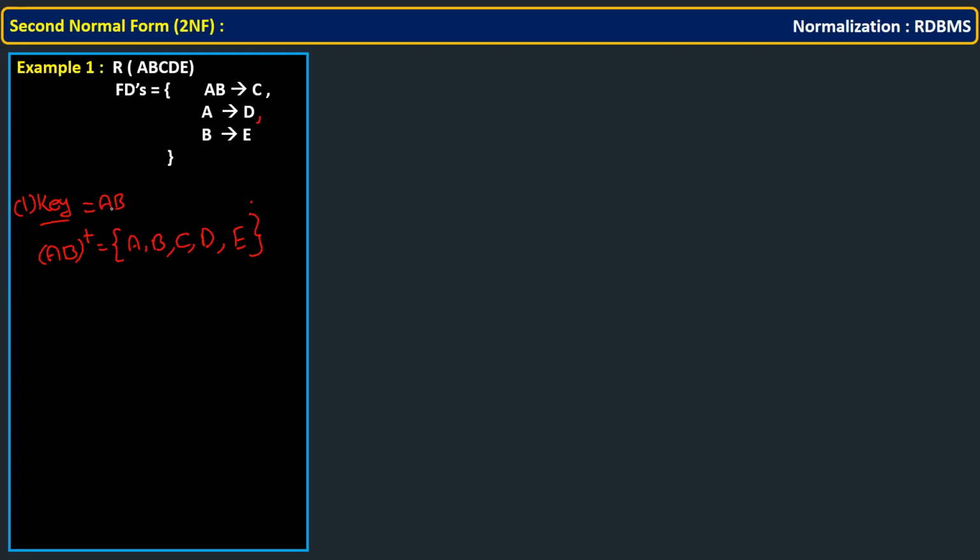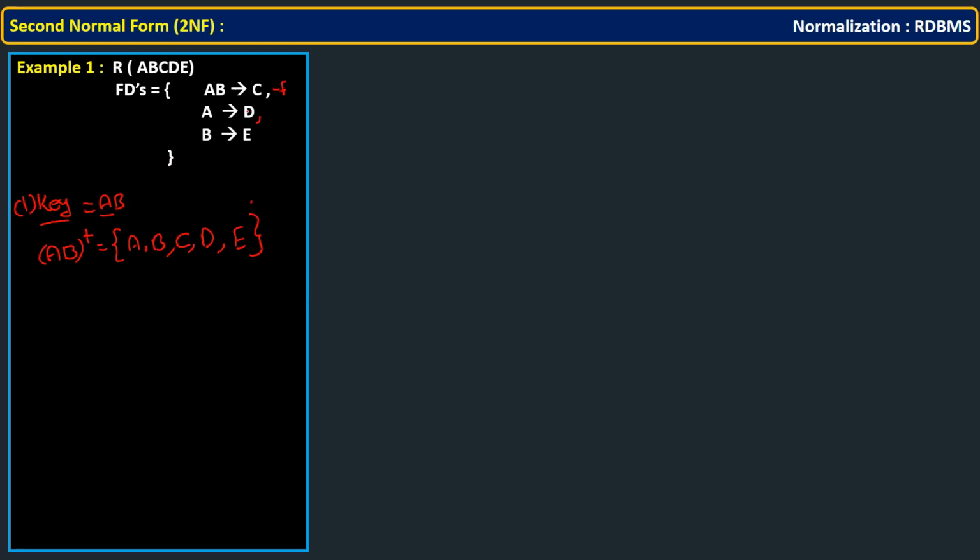Now what we have to do is check whether individually A, that means a subset of this key, derives any non-key attributes or not. So you can see, this is a full functional dependency, because C is a non-key attribute fully dependent on the primary key.